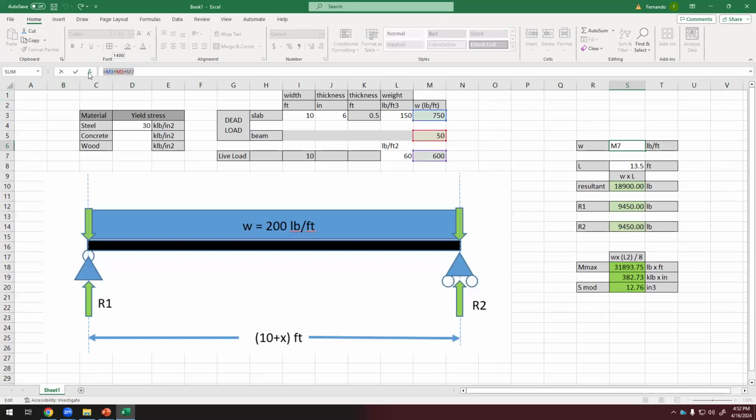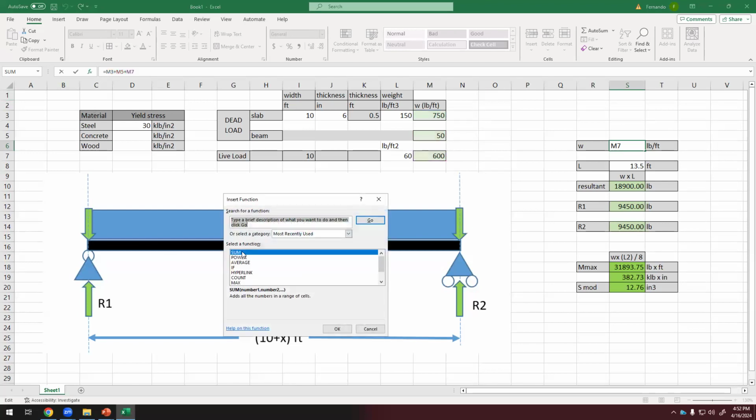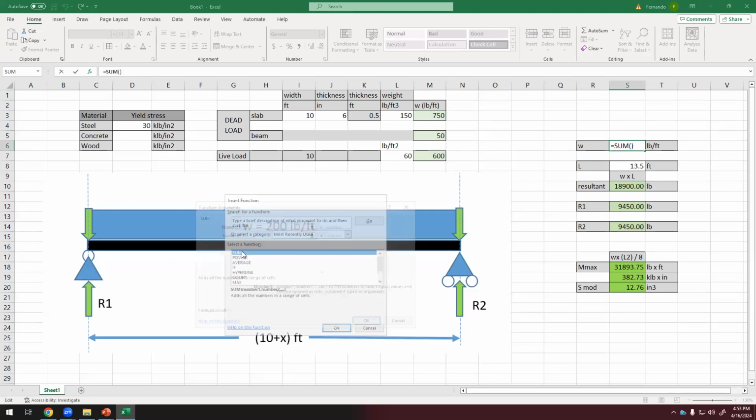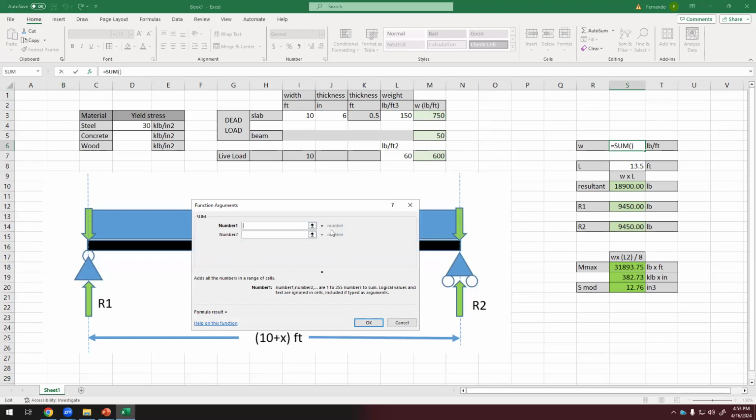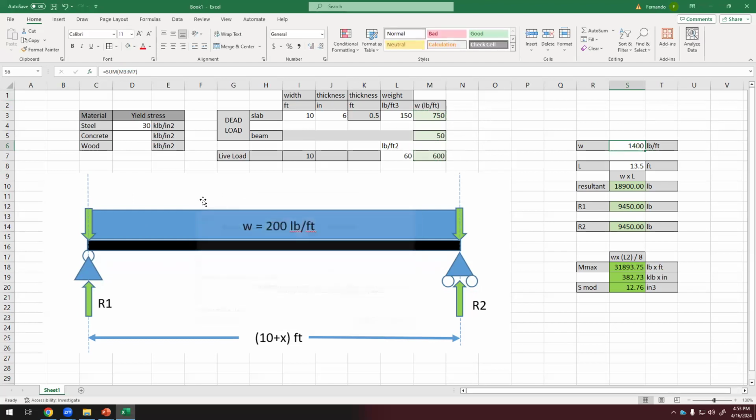If you don't type equals and you just click here, the insert function, you have to insert sum. Sum is the first function that you have available on Excel. So you click sum, and then you have to select all these cells, click OK, and you have 1400, the same value.